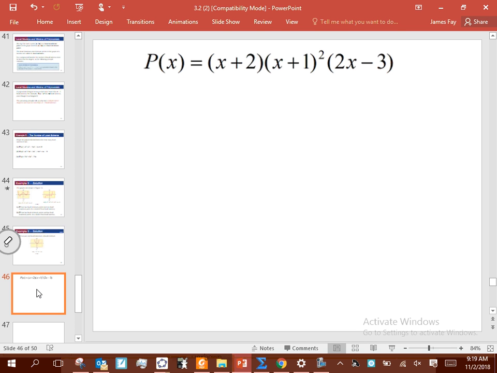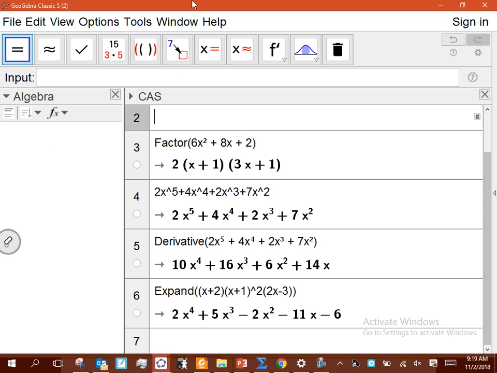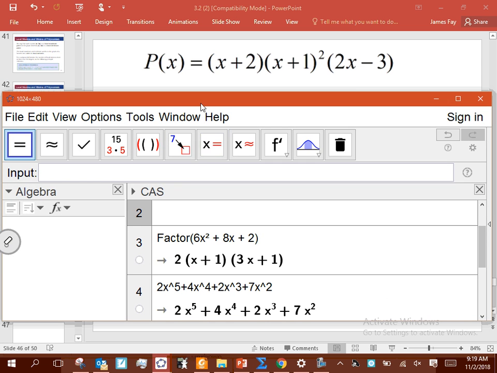Okay. So this one here, if I were to look at this, I get my solver out here, say expand. All it's going to do, if I hit expand, is FOIL this out for me.